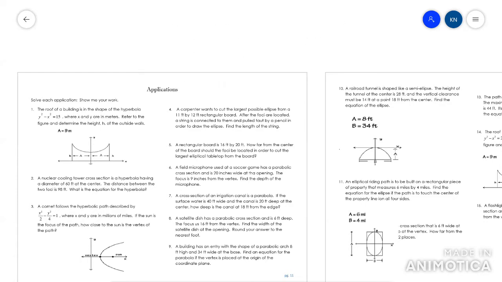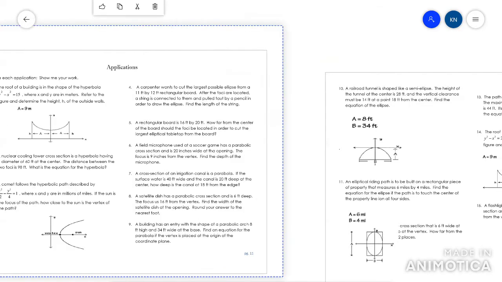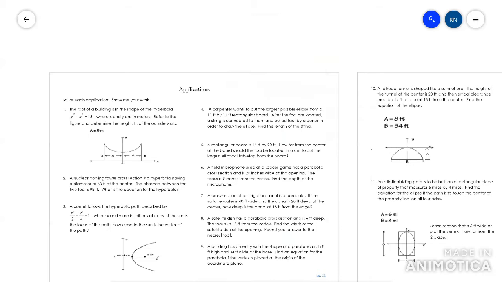Okay, number 5. Technical difficulties. All right, number 5. It's another rectangular board, and they're cutting an ellipse out of it again.